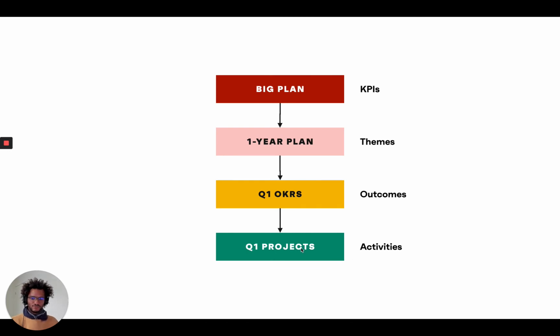So by the time you're thinking about projects, there's a whole context that has been set, and people are aligned. They understand what the company is, what we are trying to become as a company, what we are going to focus on, and what the things are that we need to improve on this year. And then you have a set of outcomes which is clearly defined.